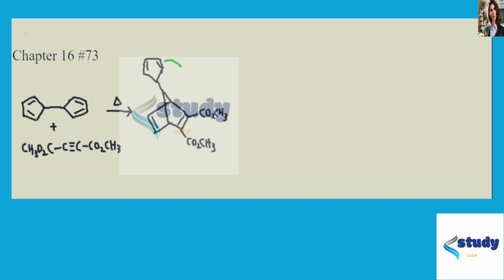So this can react here with this double bond being the dienophile, or it can react here with this double bond being the dienophile. And so that is what is going to account for our two products. And that's why this is called a domino Diels-Alder, because it's one Diels-Alder followed by a second Diels-Alder.